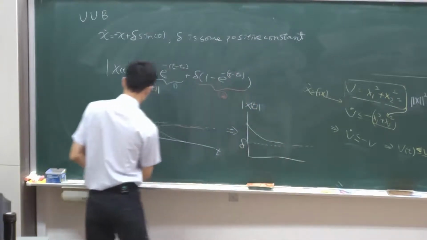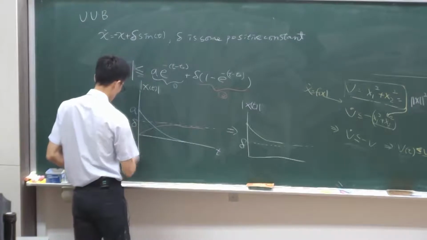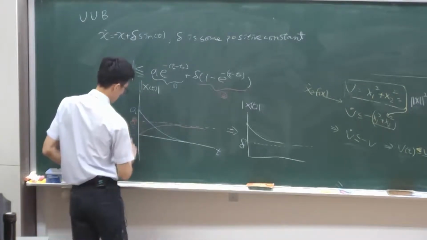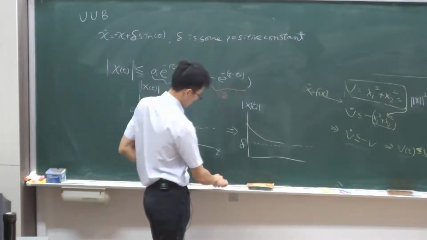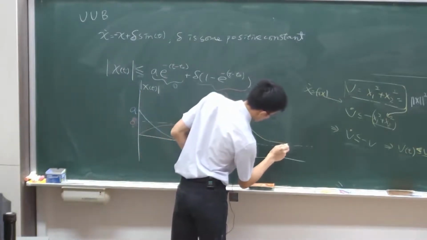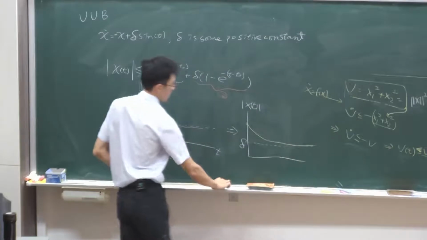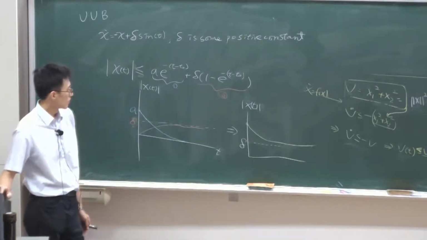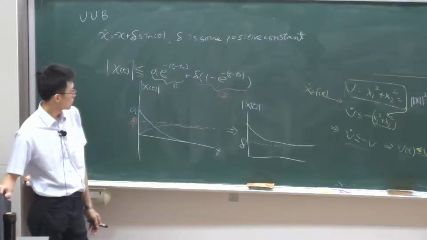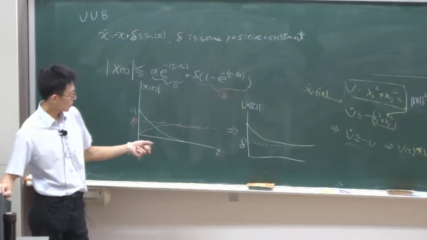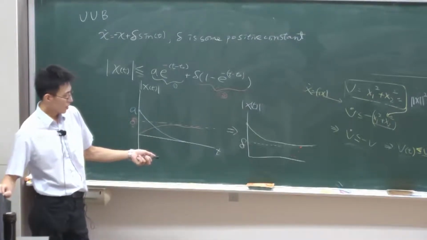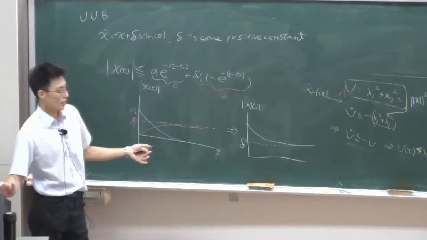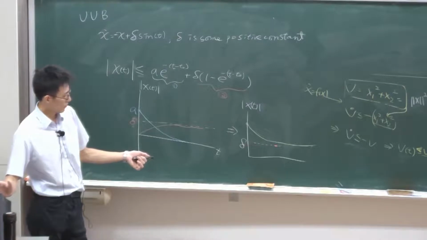Delta, okay, delta. So it doesn't converge. So xt doesn't converge to 0, but it also doesn't go anywhere. It doesn't go to infinity, right? It's approaching this delta value.